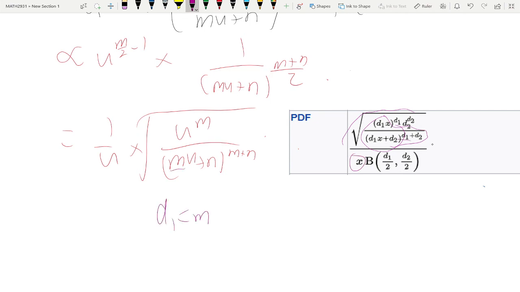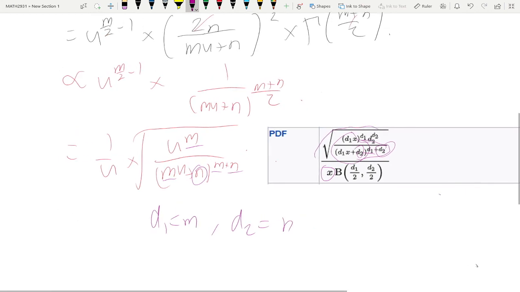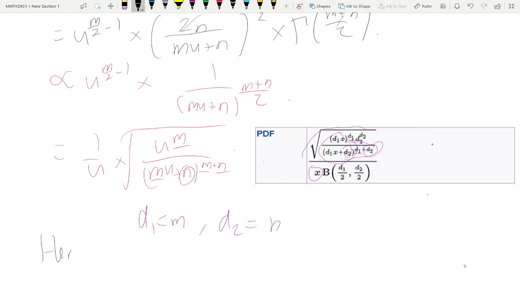As you can see, it corresponds at every point: D1, m, m. And your D2 is equal to n, because you can see very clearly as well: D2, n, D2, n. Since this must integrate to 1, the PDF must be this. And hence, we have u equals nx over m, follows capital F with m and n degrees of freedom, this particular distribution.